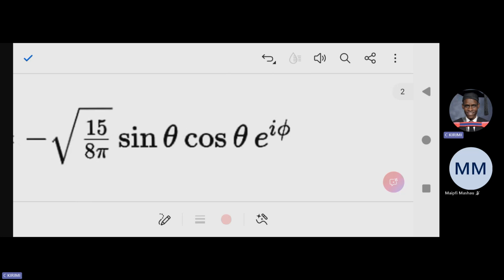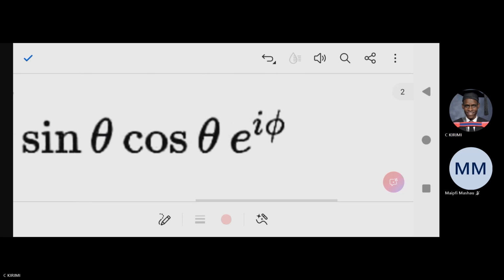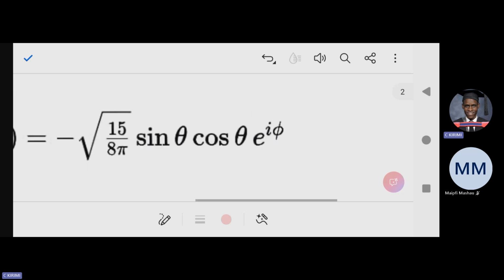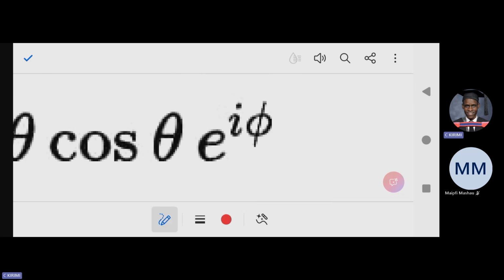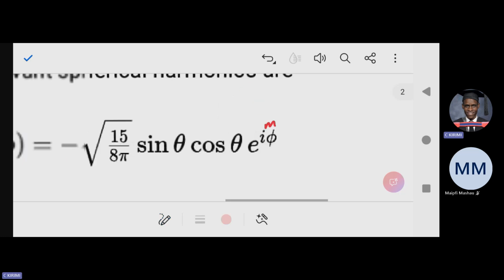And then here, it's ranging. So e to the power i phi. By e to the power i phi, you can see that the magnetic quantum number is 1. If it's e to the power i m phi, what will be the value of m there?